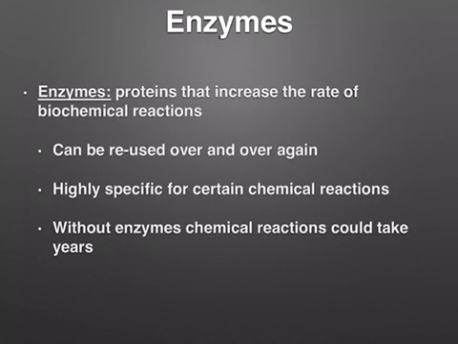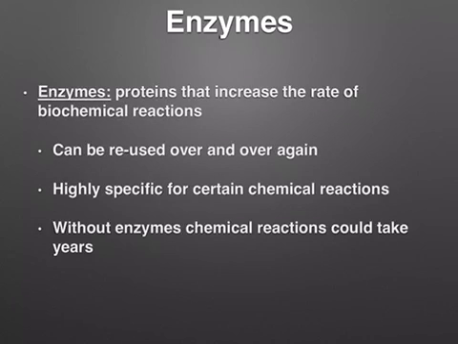Enzymes are special types of proteins that increase the rate of a biochemical reaction. Without enzymes, chemical reactions could take up to years to actually finish, and by that point, the organism would be dead. So enzymes are very important in that they speed up that process. The nice thing about enzymes is that they can be reused over and over again.